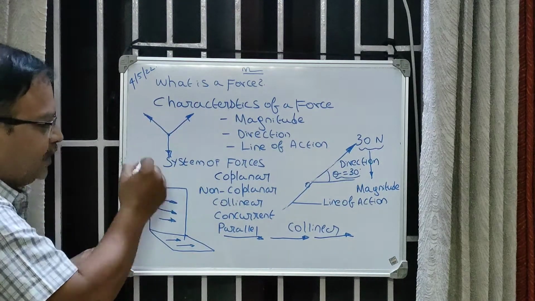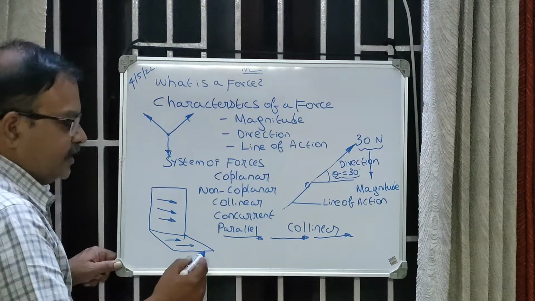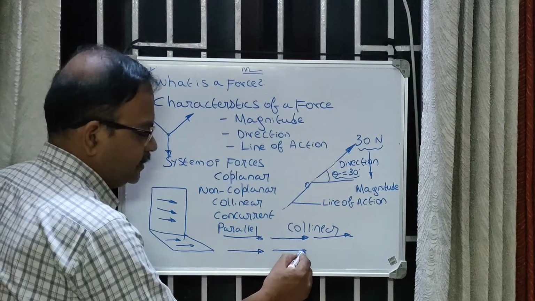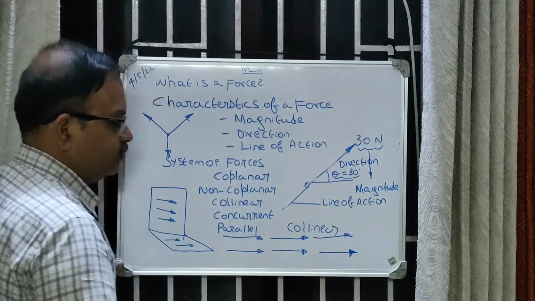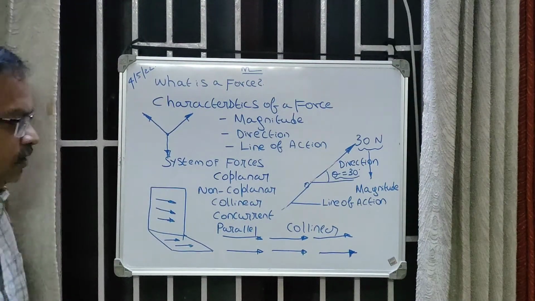So this constitutes a concurrent force system. Parallel forces. When the forces are acting parallel to each other like this, then these are called as parallel force system. So now we have seen about the system of forces.